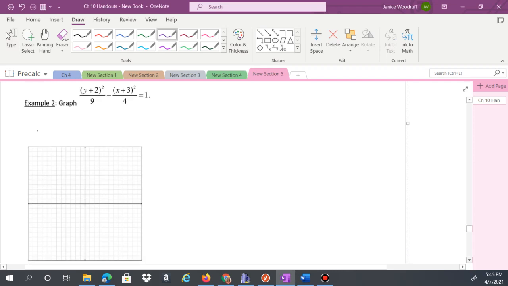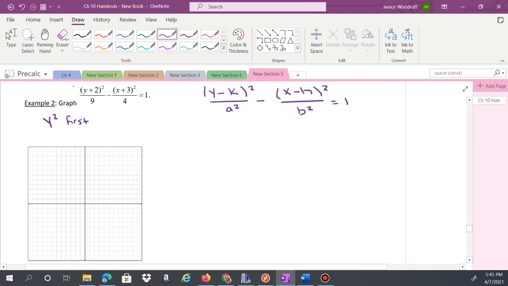So we'll note that we've got y squared first, which means that this is in the form y minus k squared over a squared minus x minus h squared over b squared equals 1. Okay, so let's identify these pieces here.